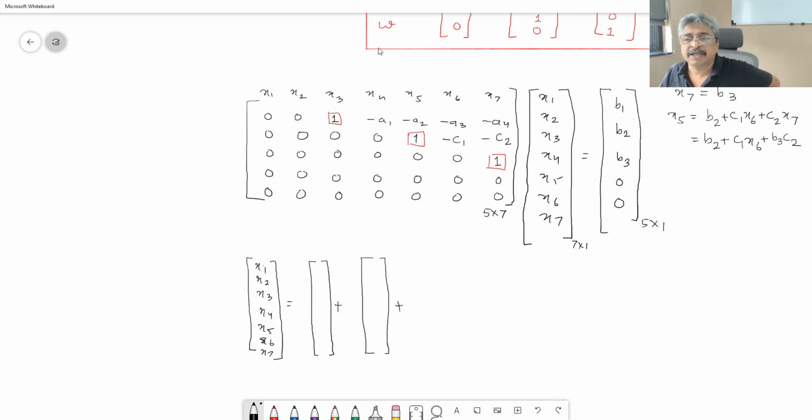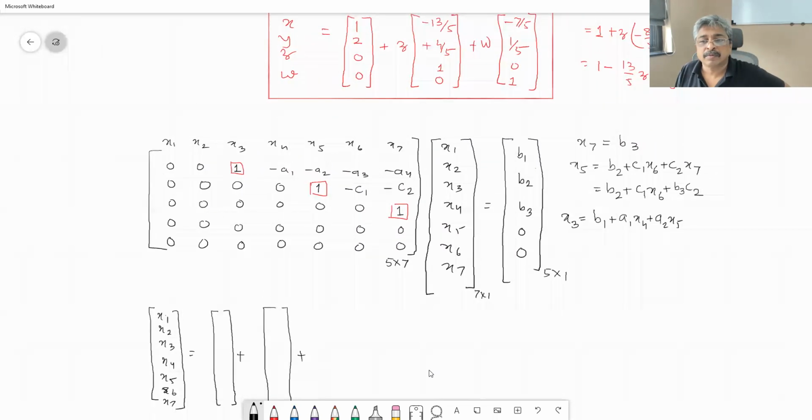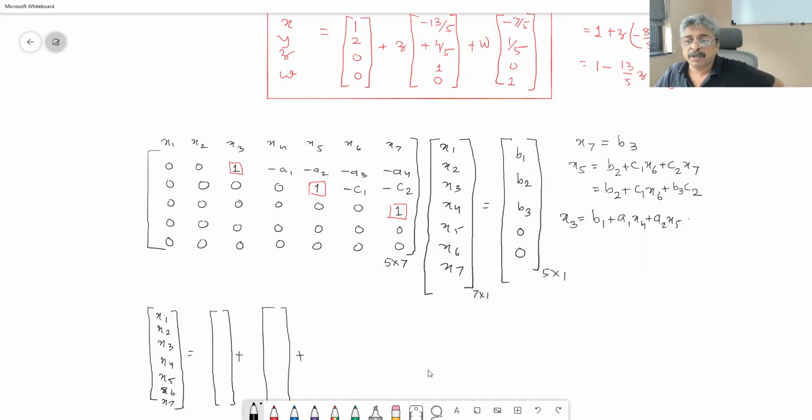x5 is over. Now x3 is equal to b1 plus a1 x4 plus a2 x5 plus a3 x6 plus a4 x7, out of which x7 I already have.